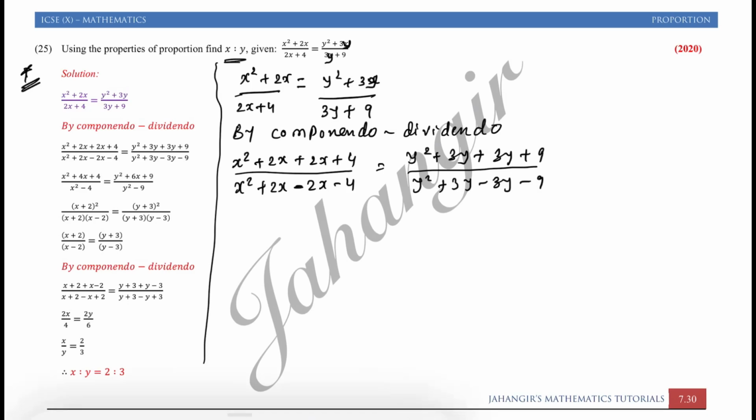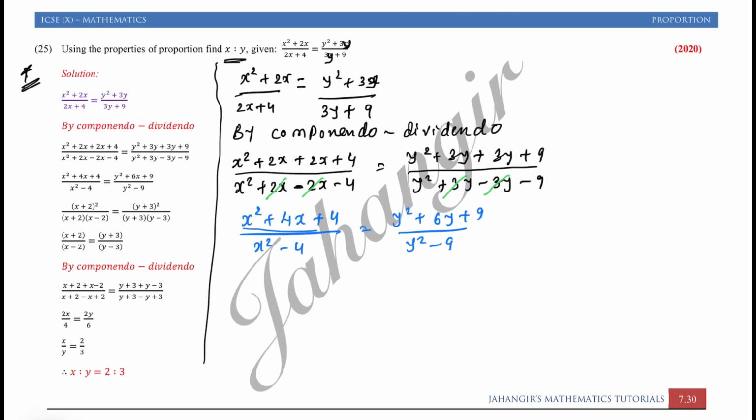Now you can cancel the terms, only in the denominator; in the numerator we cannot cancel anything. So I can write x square plus 2x plus 2x is 4x, plus 4 upon x square minus 4 is equal to y square plus 3y plus 3y is 6y, plus 9 upon y square minus 9.